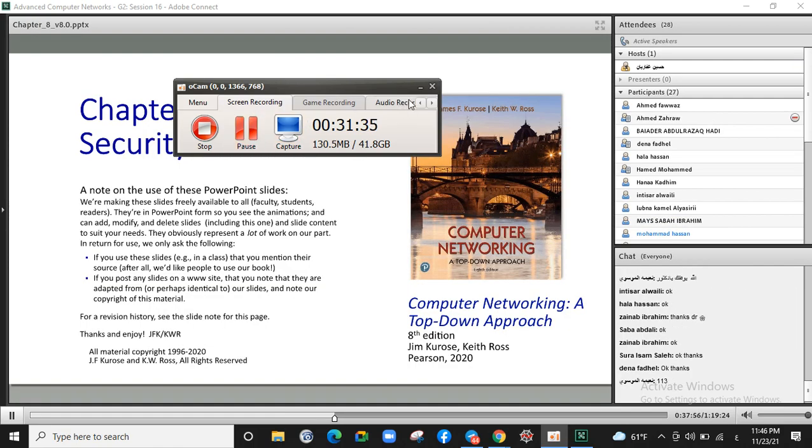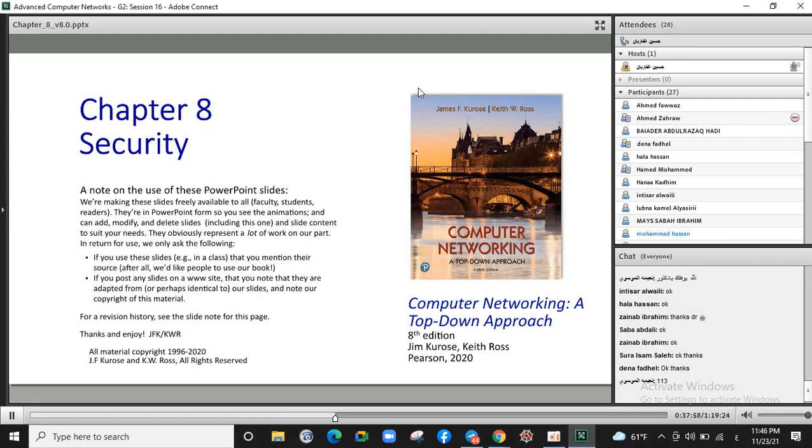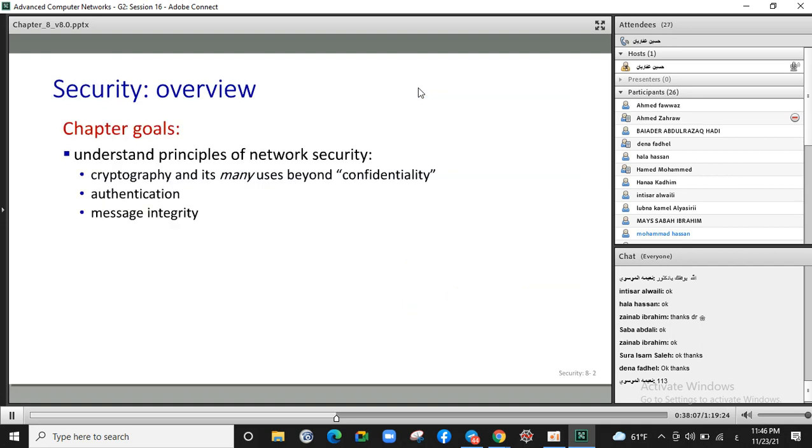Okay. Chapter 8. In chapter 8, we want to talk about security, network security. It's another main topic in computer networks.